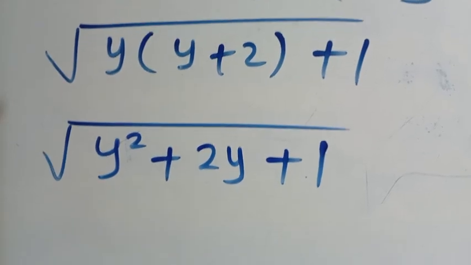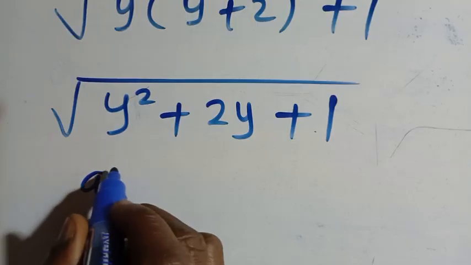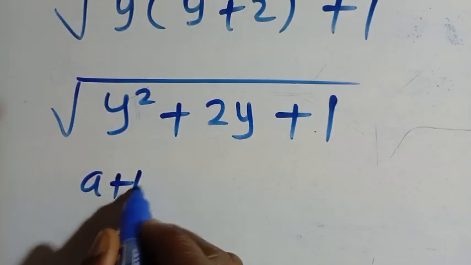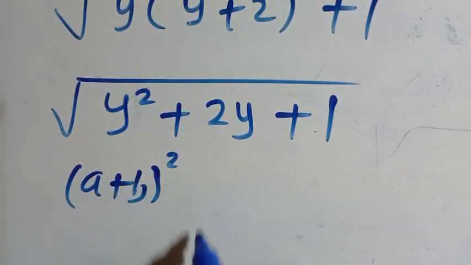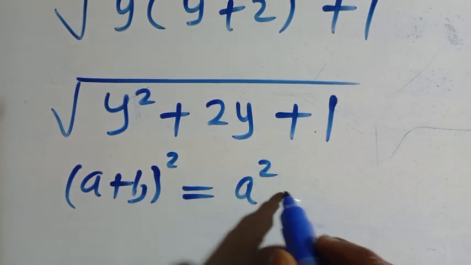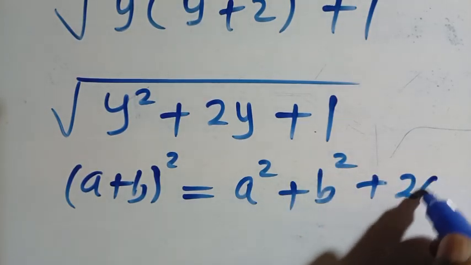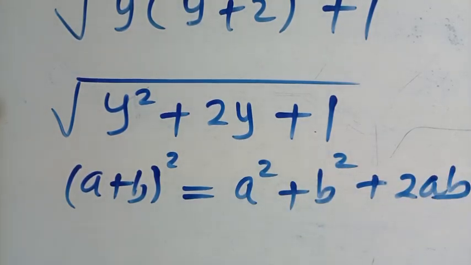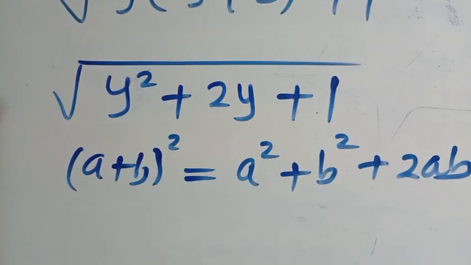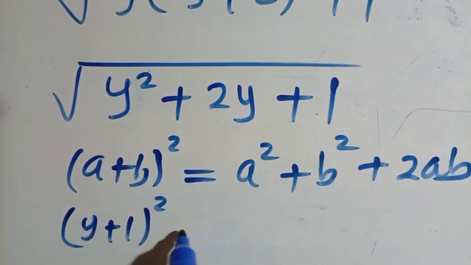And again, suppose we have a plus b raised to power of 2. This equals a squared plus b squared plus 2ab. And if our a here equals y and b equals 1, we can write this as y plus 1 raised to power 2.